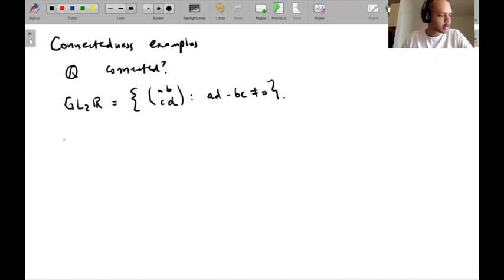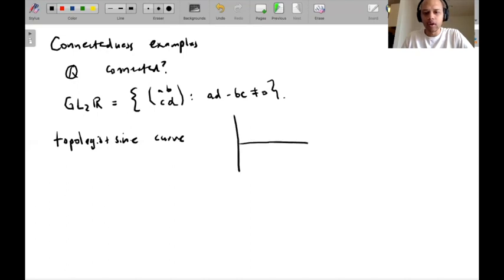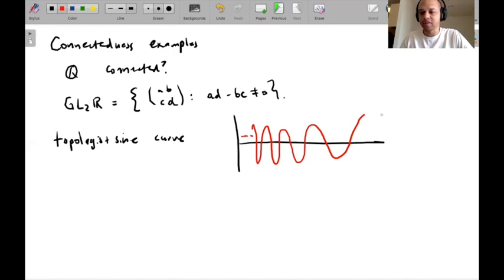And another interesting example we'll think about is what's called the topologist's sine curve. It has, let me not say it has two pieces. It's made up of two components. The first is the graph of sine 1 over x.